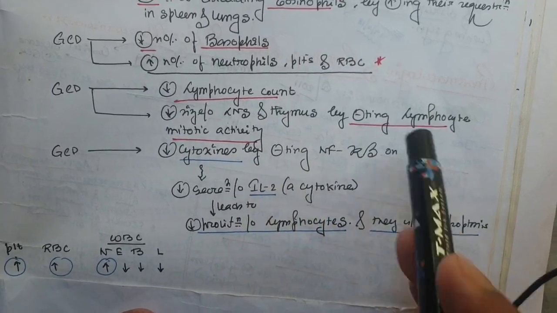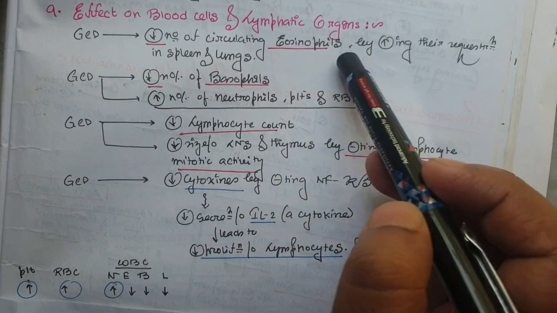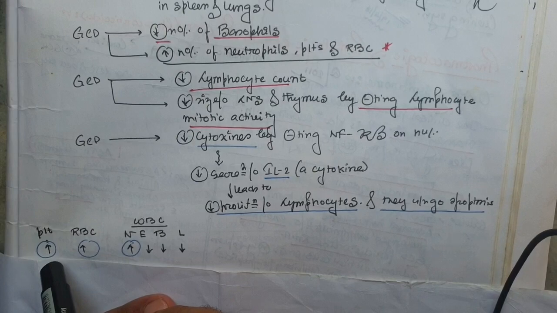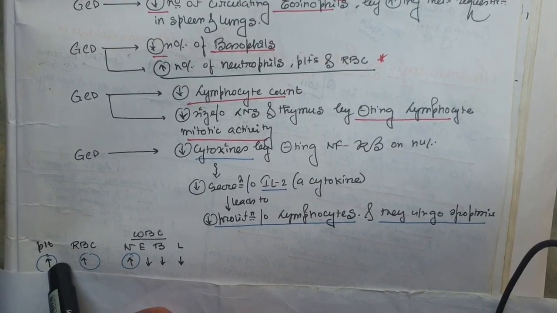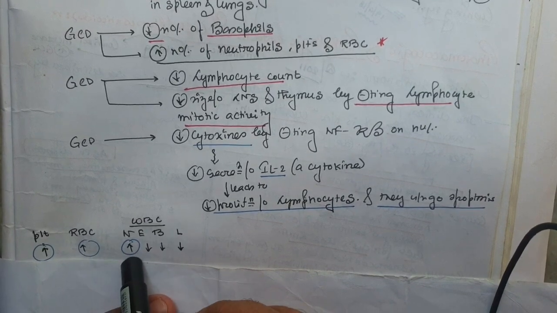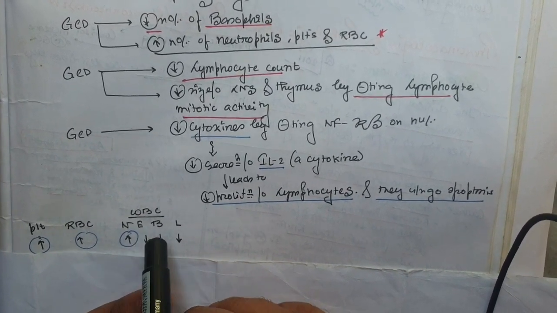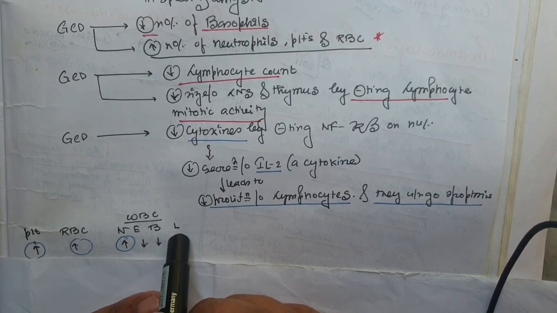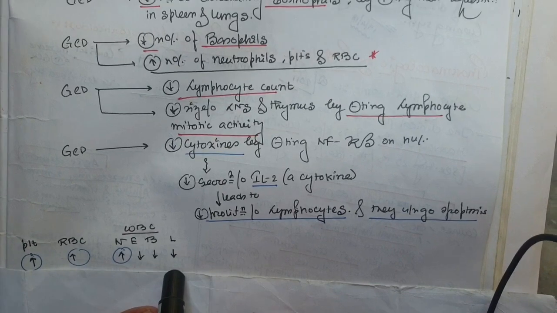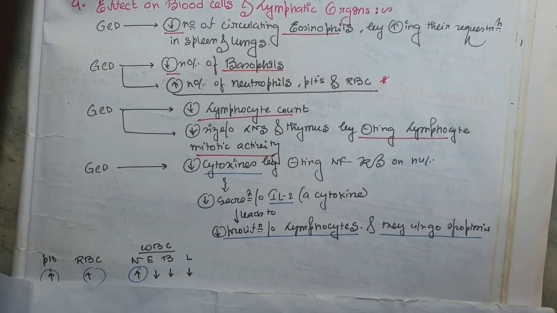So in a nutshell, the effects of glucocorticoids on the blood cells and lymphatic organs are clearly visible: the numbers of platelets, RBCs and neutrophils are increased, but the numbers of eosinophils, basophils and lymphocytes are decreased, and there is also decreased lymphoid organ size and activity.